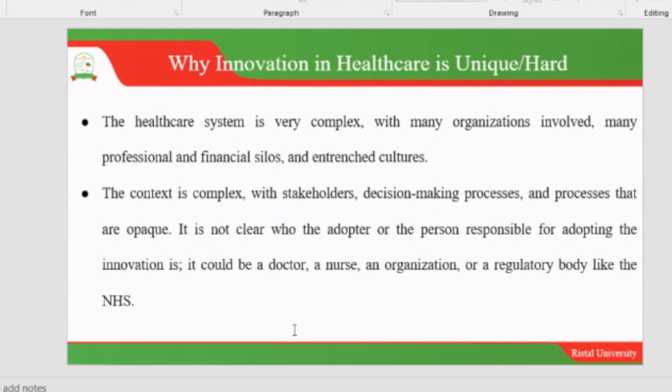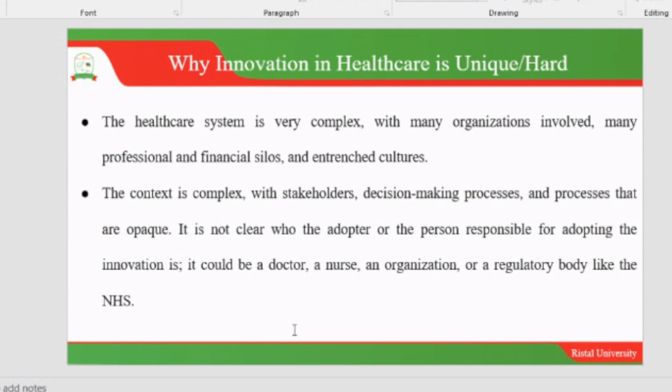For example, if you're to look at the healthcare system of most countries, it always has those councils of nurses, it has councils of doctors, dentists, and these all have different cultures embedded in them. They have different norms of how they do things.